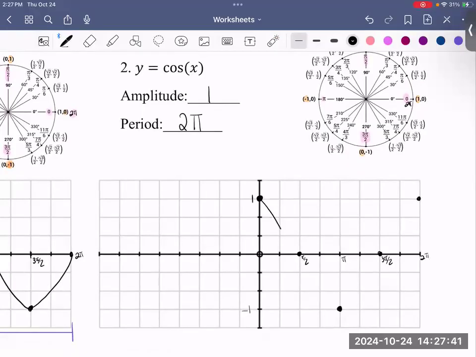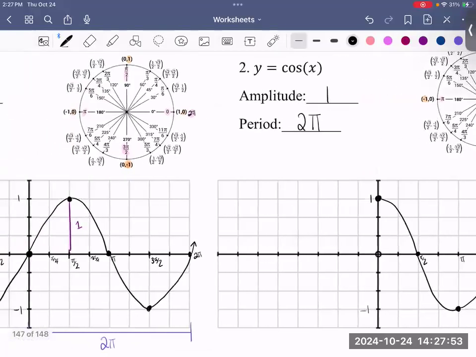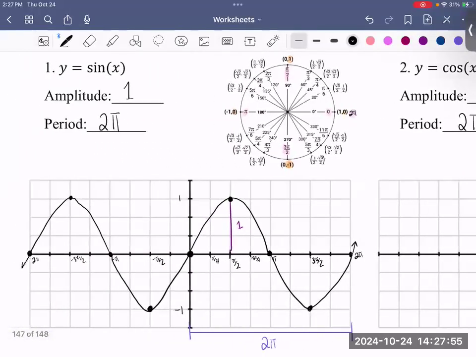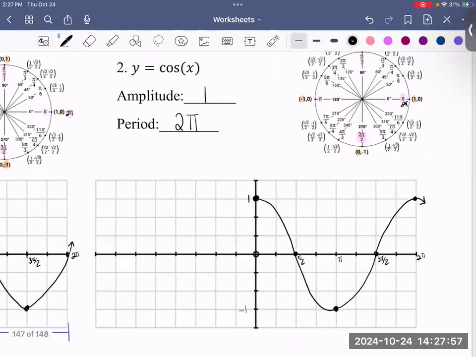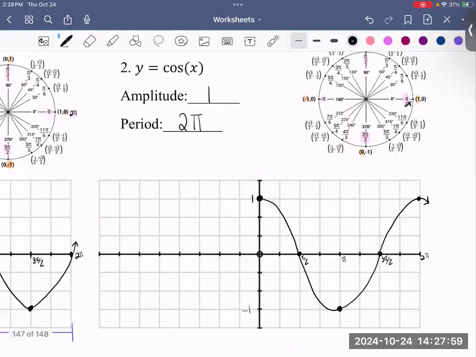So connecting our dots. And these graphs continue on, so make sure that we are putting in arrows. Same thing over here. They are continuous functions.